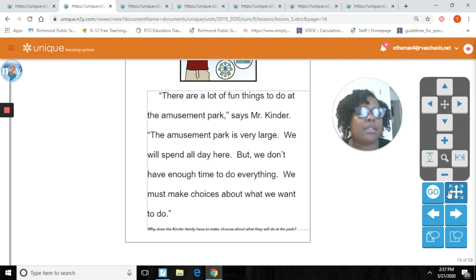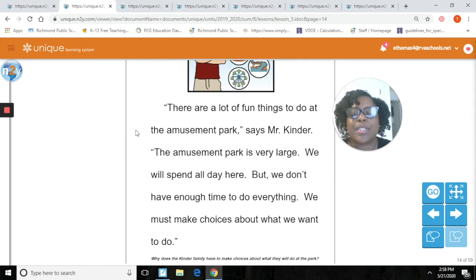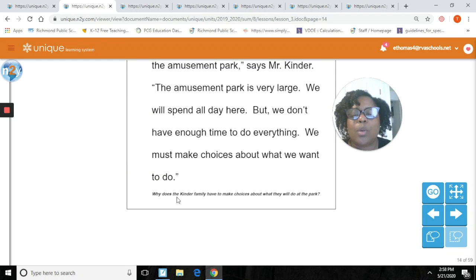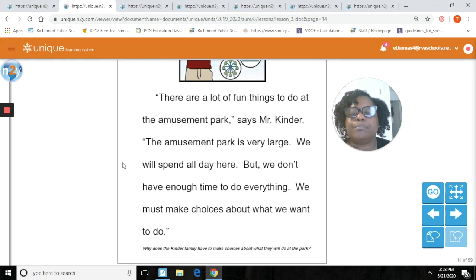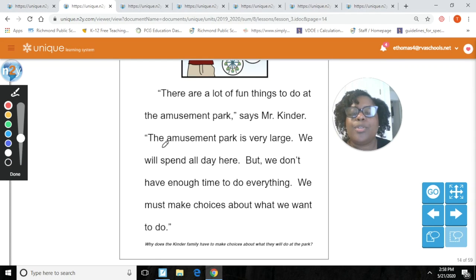All right, let's make it a little bit bigger so we can see what that focus question says here at the bottom. Why does the Kinder family have to make choices about what they would do at the park? Think about that for a second. Why would they need to do that? I know you said the amusement park is very large, but we won't have enough time to do everything, okay?